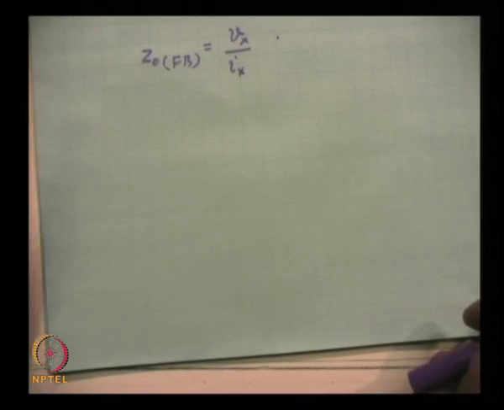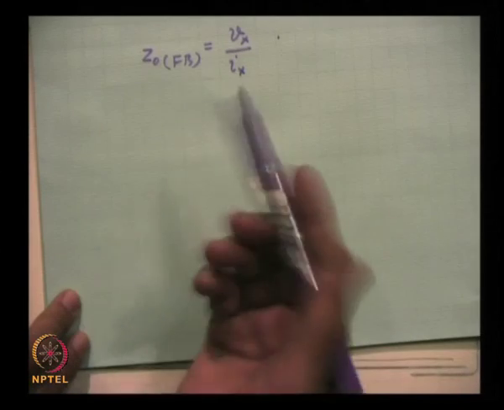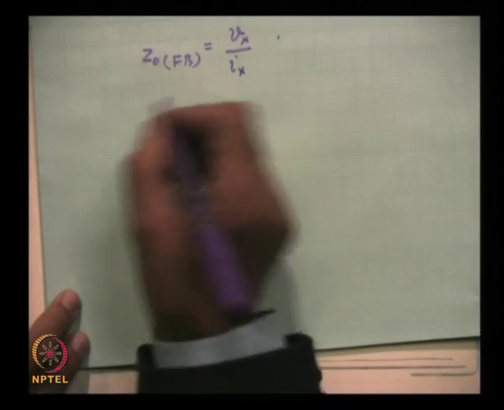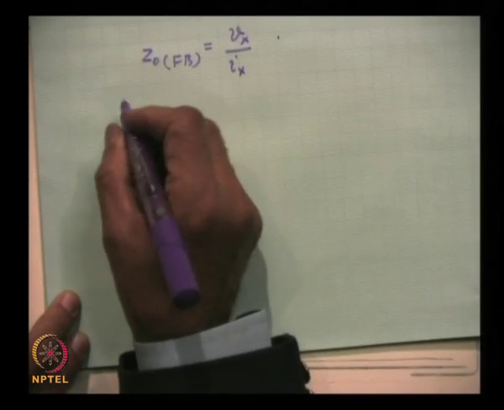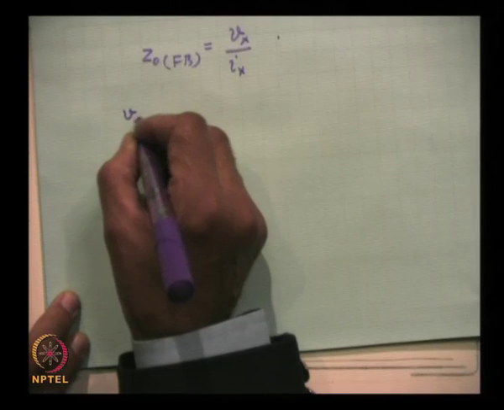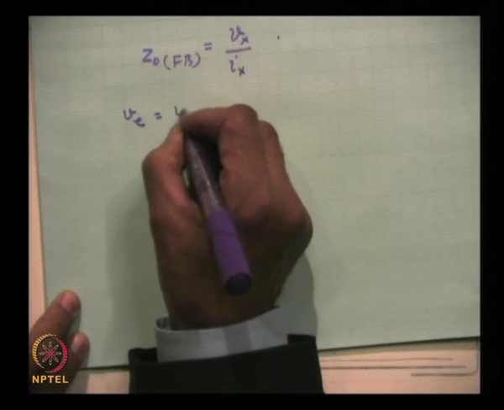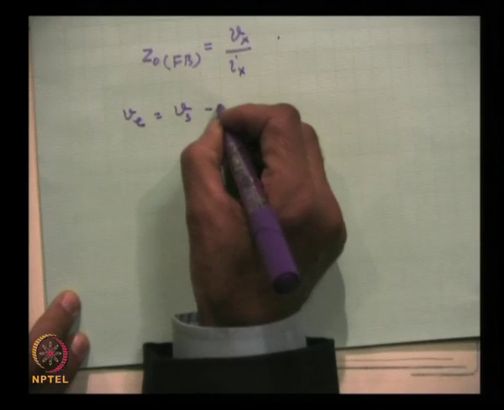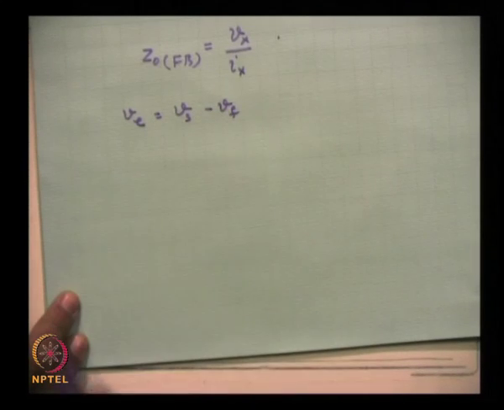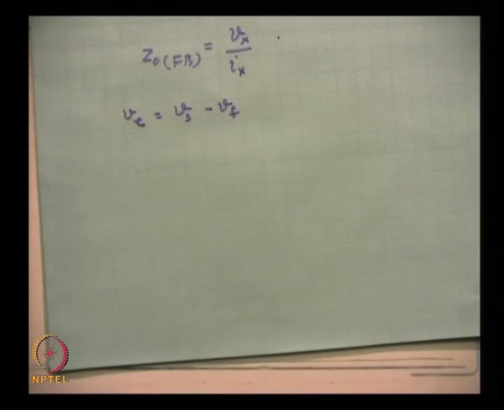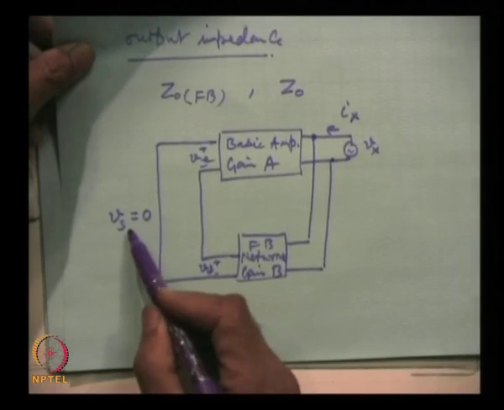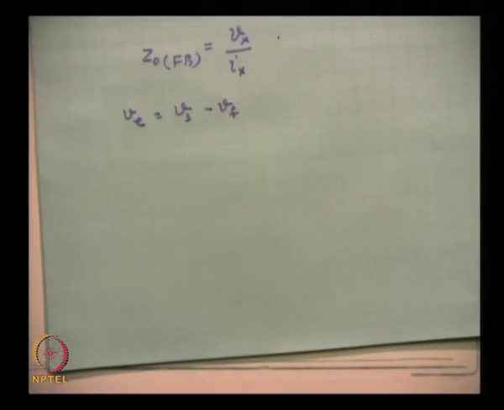Now, from the above figure, we already understand that V e, the error signal, is the sum of V s minus V f. But in the present case V s is 0, we have reduced V s to 0.